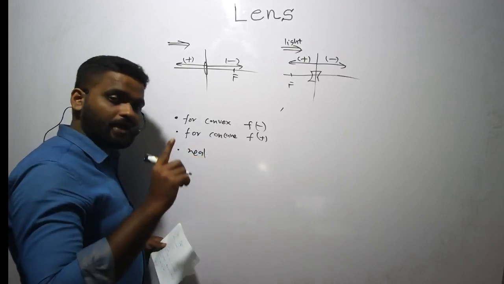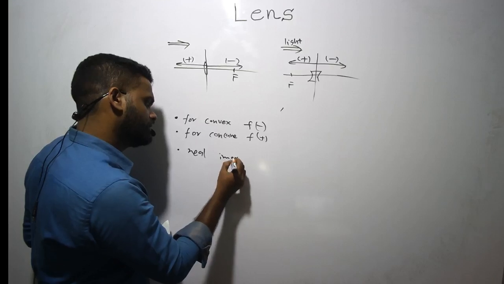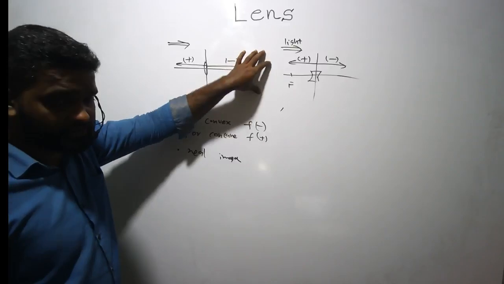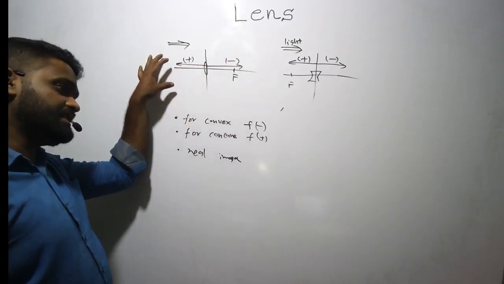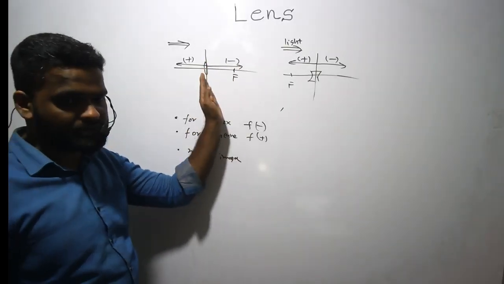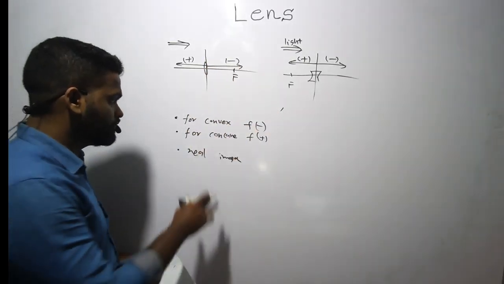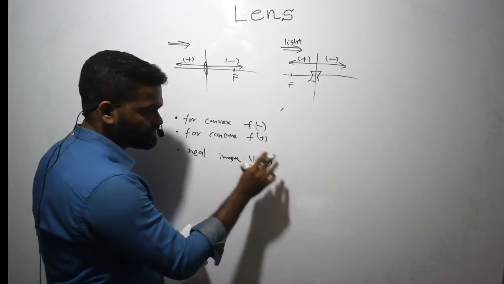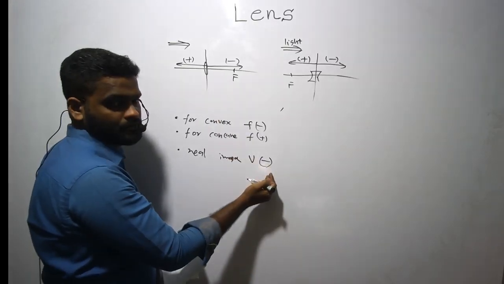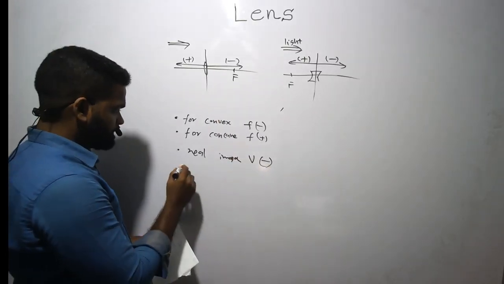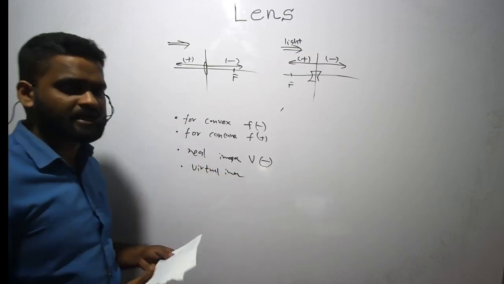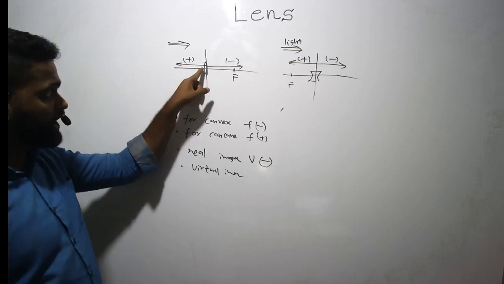Then another thing, if you have a real image, real image means the image is formed at this side, right? So you have to measure to this side, so it is negative. For real image, image distance is negative because we measure to this side from the optical center. Then for virtual image, if the image is made at this side, you have to measure it to this side, right?